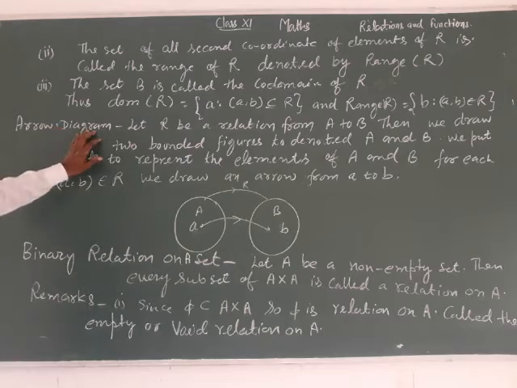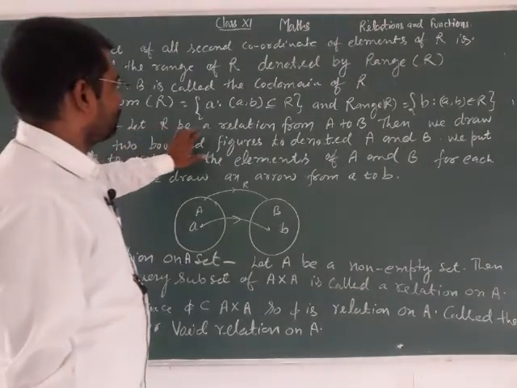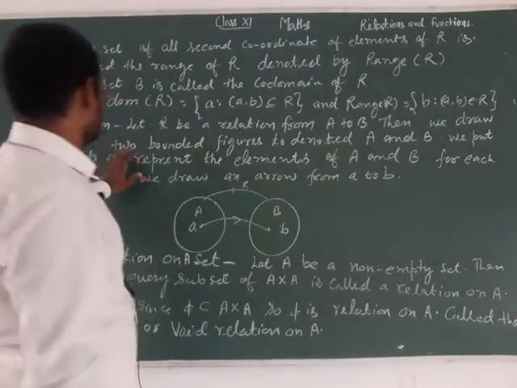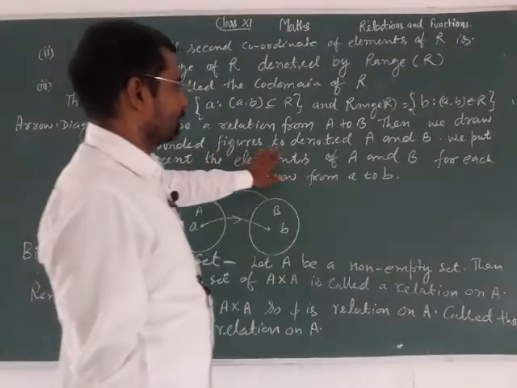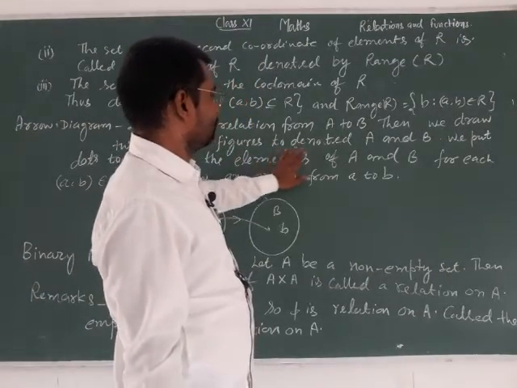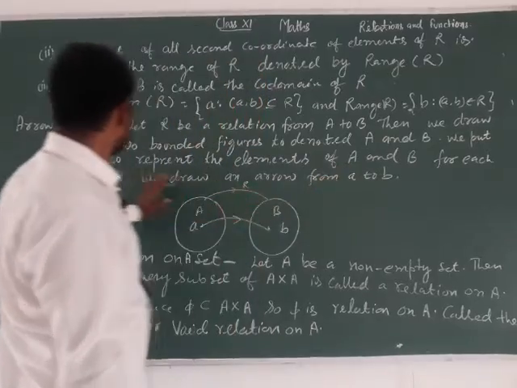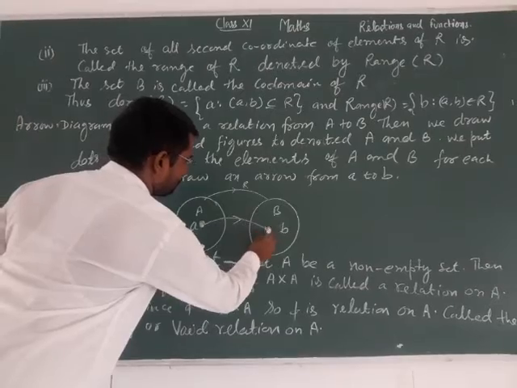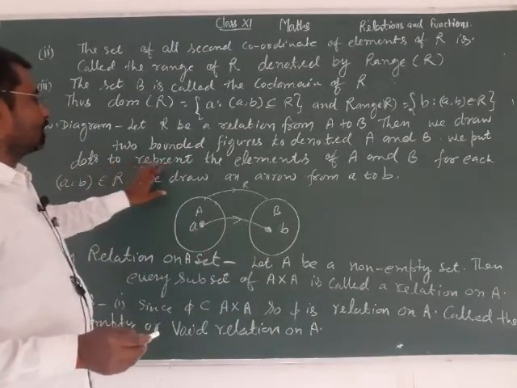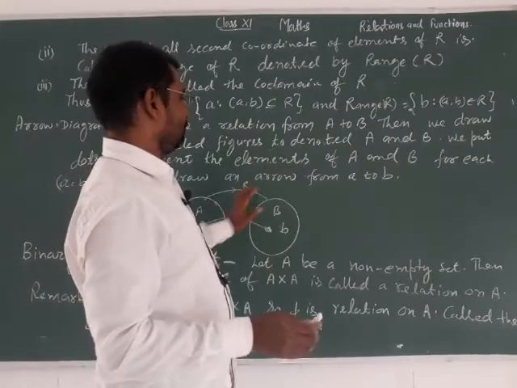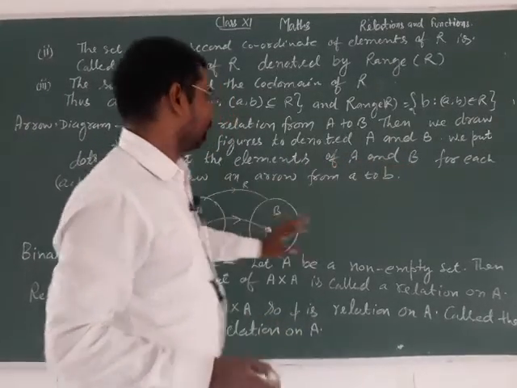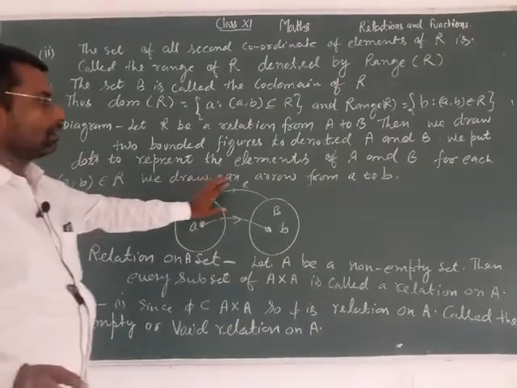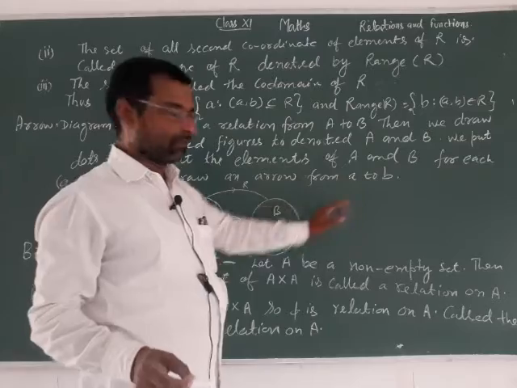Arrow diagram. Let R be a relation from A to B, then we draw two bounded figures to denote A and B. We put dots to represent the elements of A and B. For each (a, b) belonging to R, we draw an arrow from a to b.